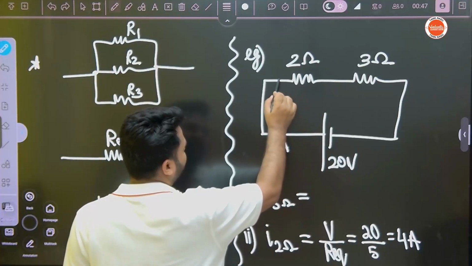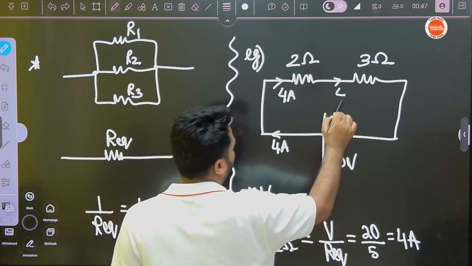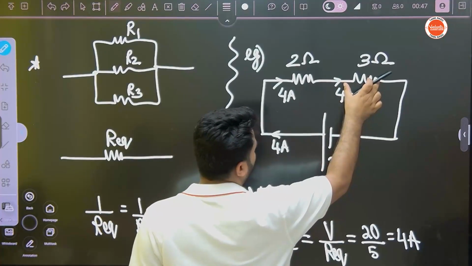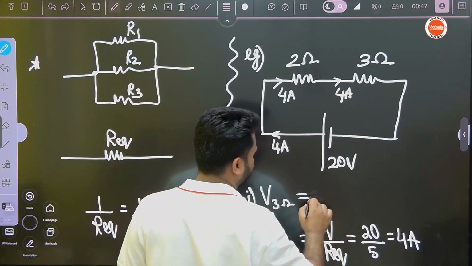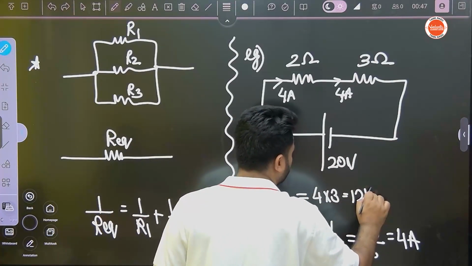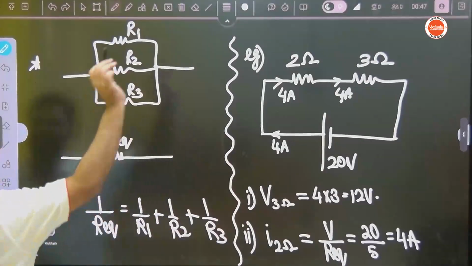Since it is in series, here also 4 ampere, here also 4 ampere. Now they ask what is the voltage across 3 ohm. So V equals to IR. I is 4, R is 3. So 4 into 3, 12 volt. Correct? Next.